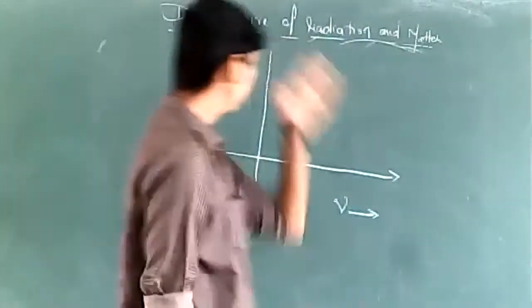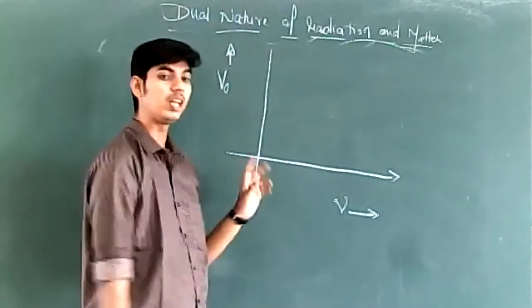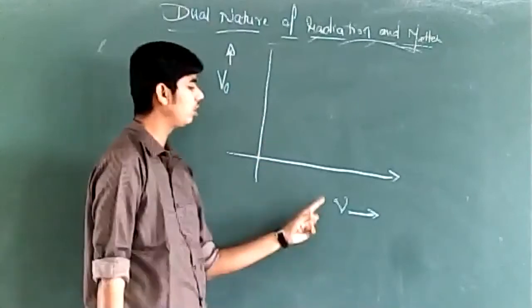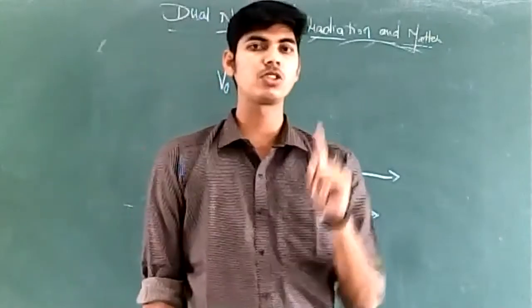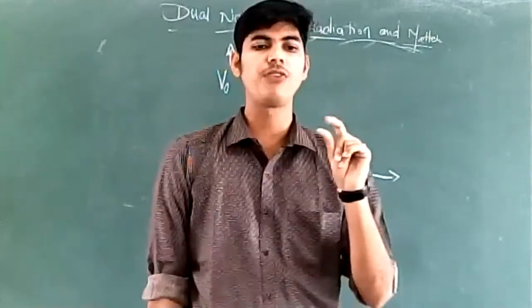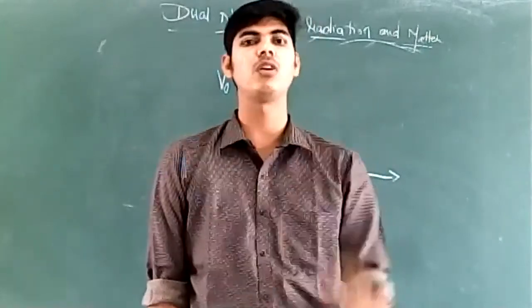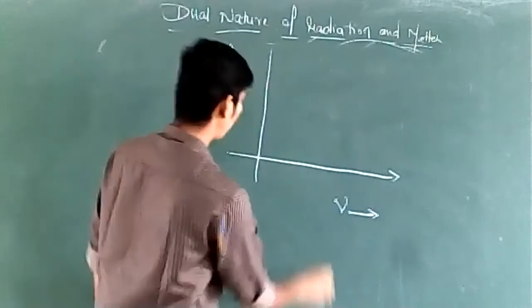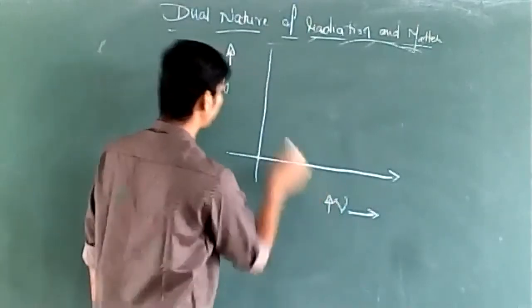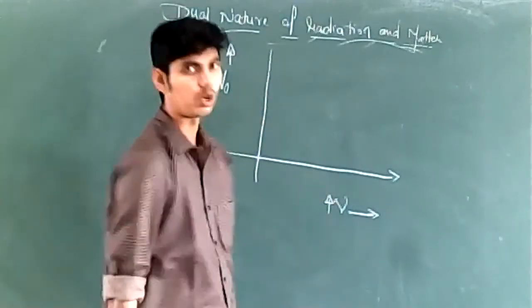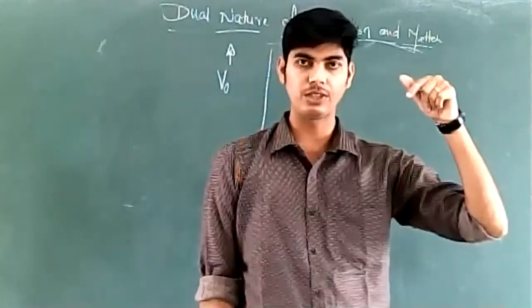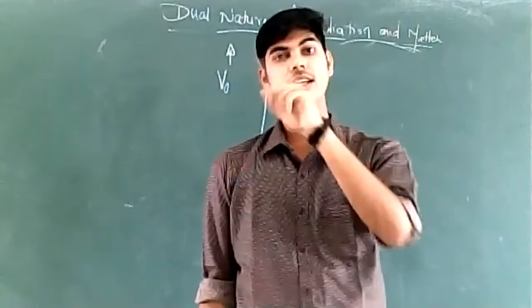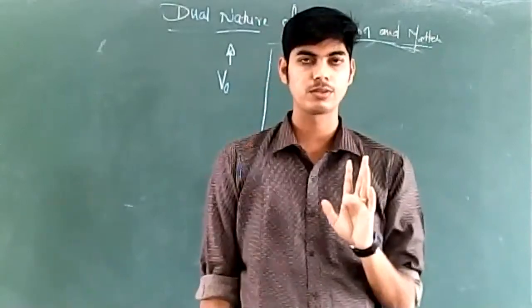First we need to know what will be the nature of the graph between stopping potential and frequency of incident light. What happens to the stopping potential if I go on increasing the frequency of incident light? If I increase the frequency, the kinetic energy of photoelectrons increases.